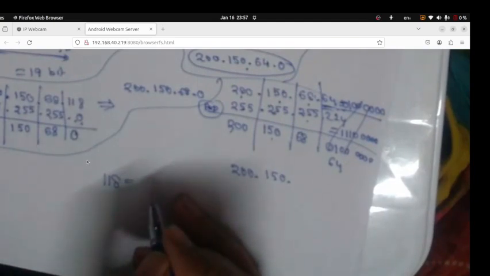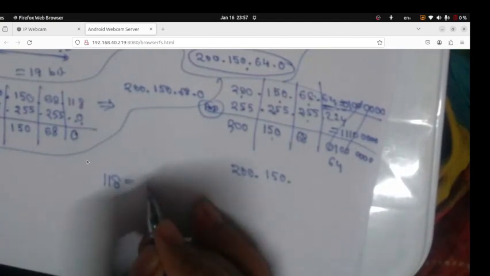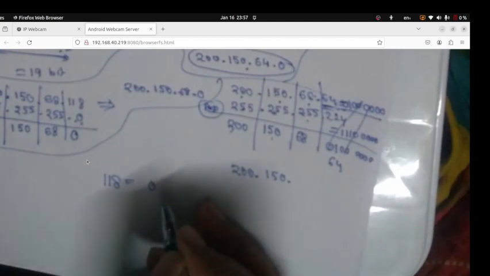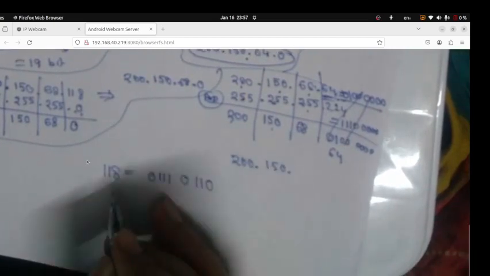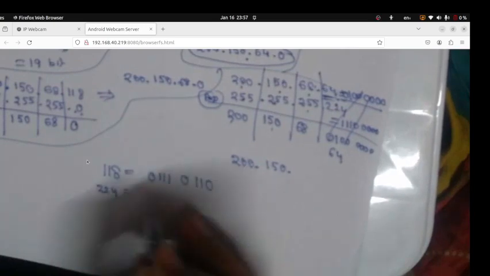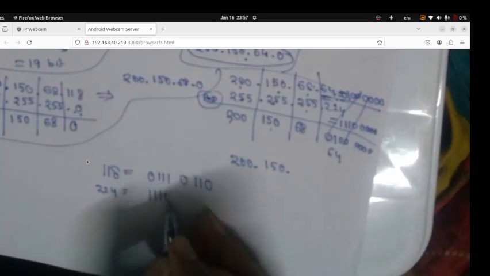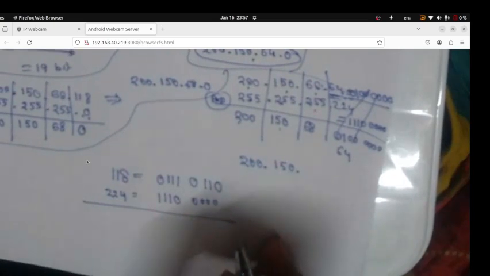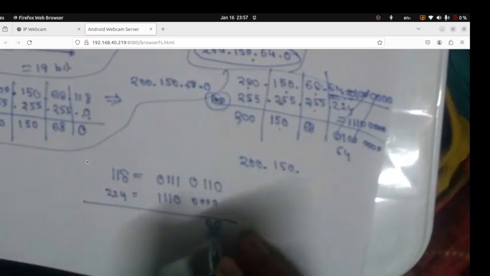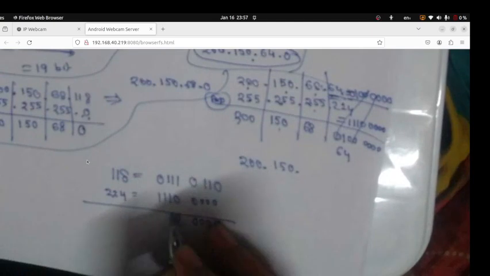It was 0, 1, 1, 1, 0, 1, 1, 0, and it was ANDed with 224, which is this one, 1, 1, 1, 0, 0, 0, 0, 0. Only the last octet I am doing that. So here it is 0, 1, 1, 0, 0, 0, 0, 0.